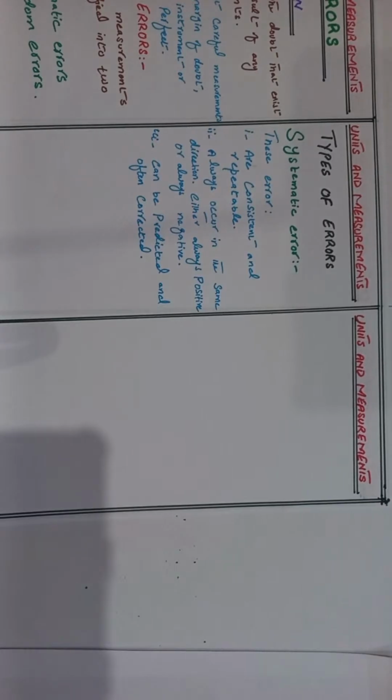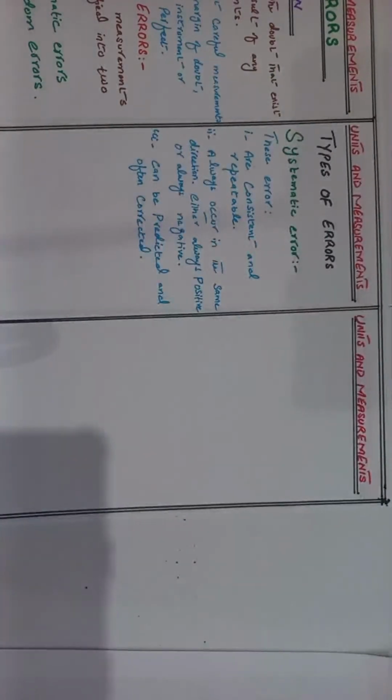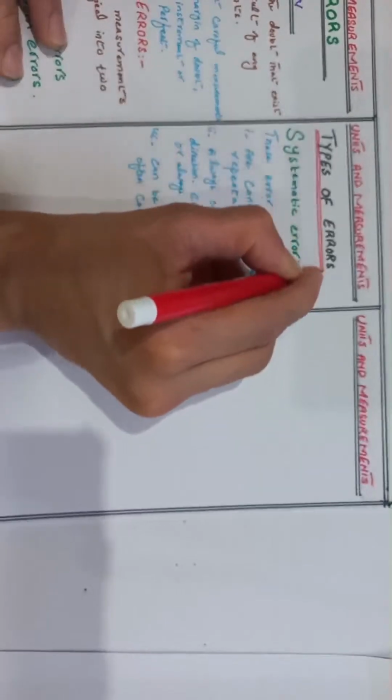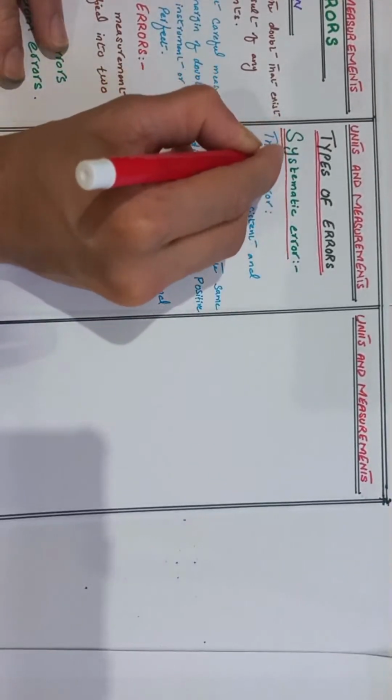Which sources cause the systematic error? This is the types of error. This is the systematic error.